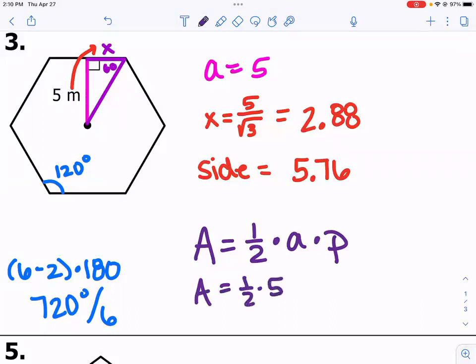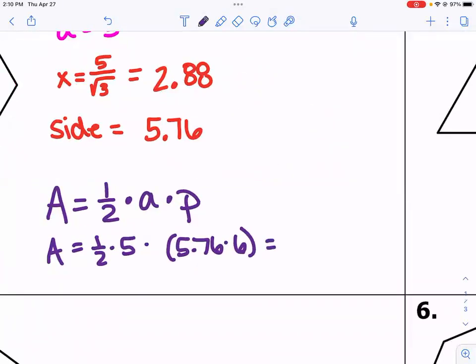Our apothem is 5 and our perimeter is 5.76 times 6. So our area is going to be 86.7 square centimeters.